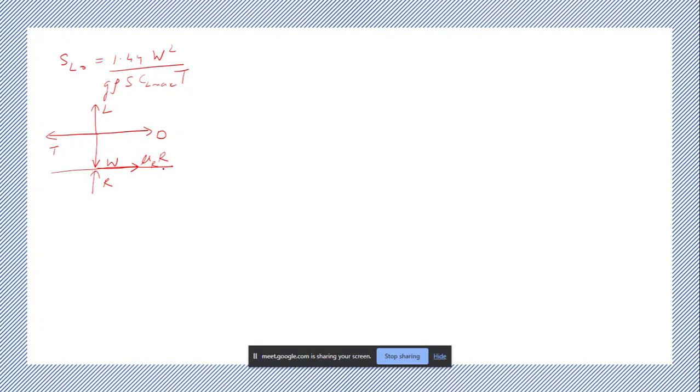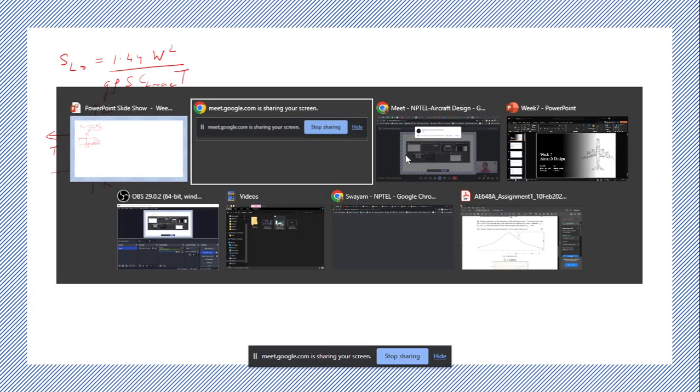Okay, what is mu R? Can anyone tell me what mu R is? This quantity here is the frictional force. It's the coefficient of friction between the aircraft and the surface, between the aircraft's wheels or the landing gear and the surface on which it's moving, right?